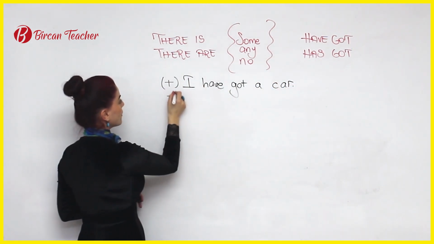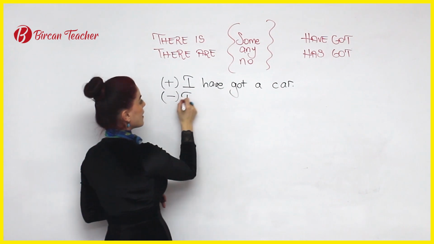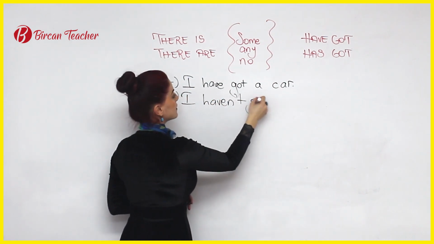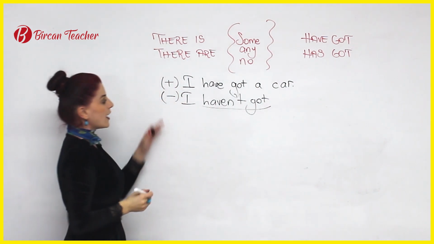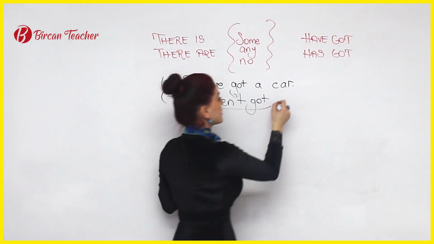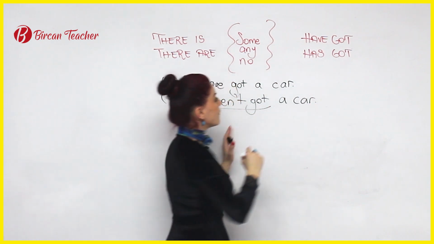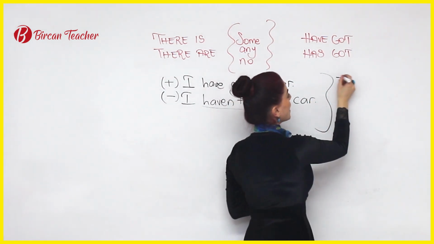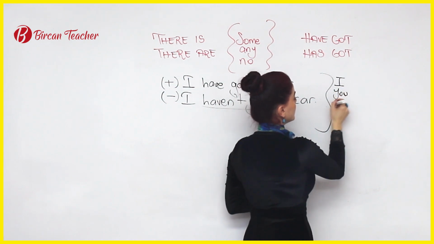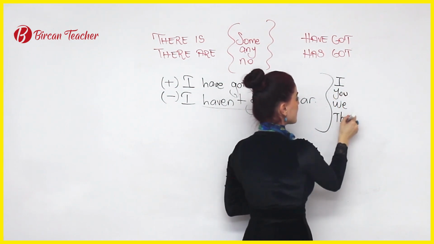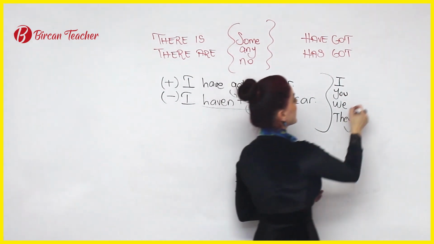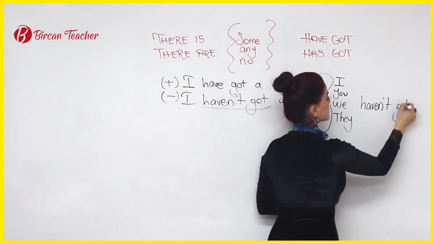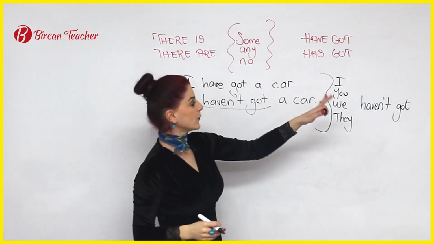In negative form, we say, I haven't got. This is the form. I haven't got a car. So for some subjects, I, you, we, and they, we use haven't got, and then the noun.